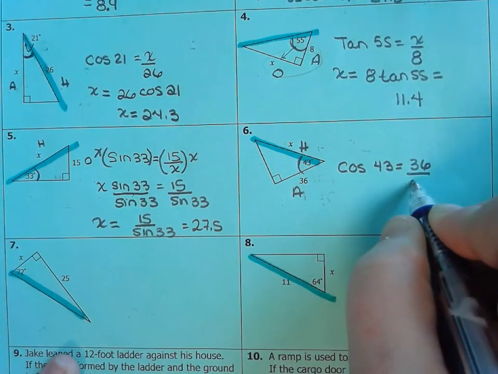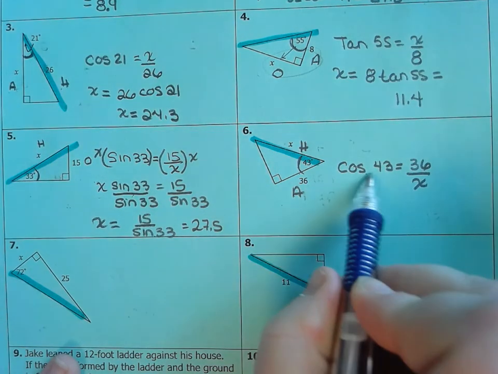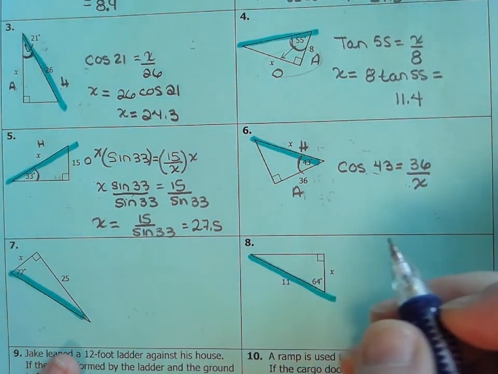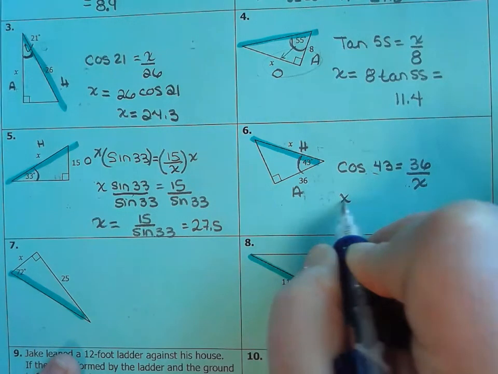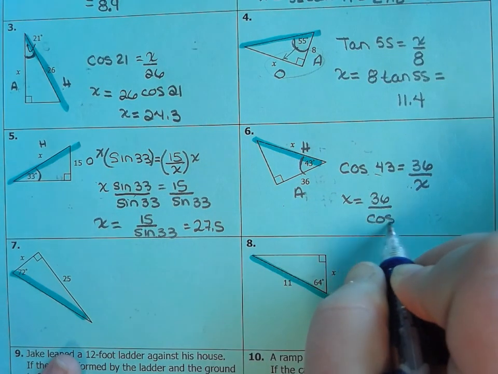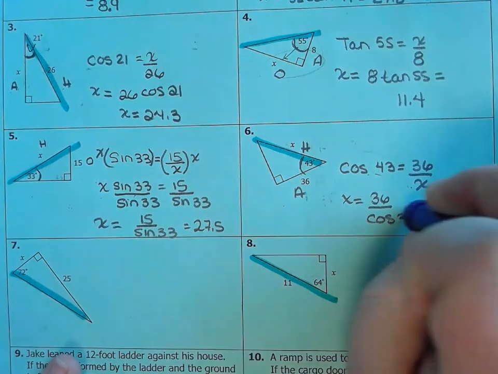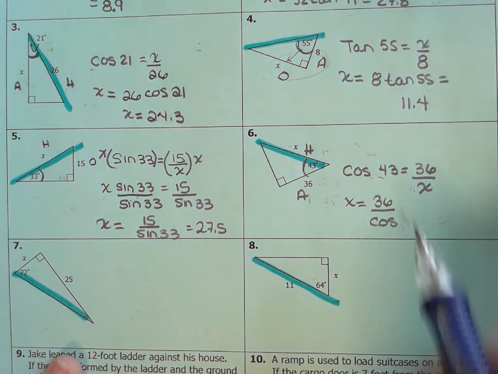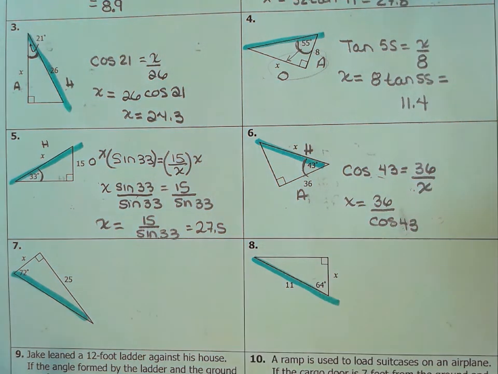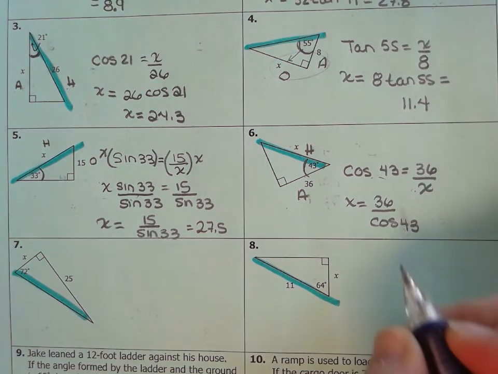So now basically the x and the cosine of 43 just switch places. So x is equal to 36 divided by the cosine of 43. So that gives me 49.2.